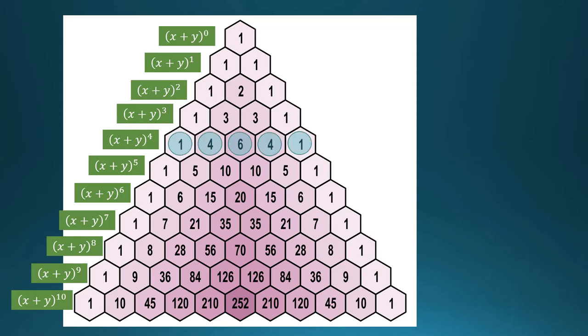So the expanded binomial is going to contain 5 terms. For x plus y raised to 6, you will see 6 plus 1, that's 7 terms. 1, 2, 3, 4, 5, 6, 7.